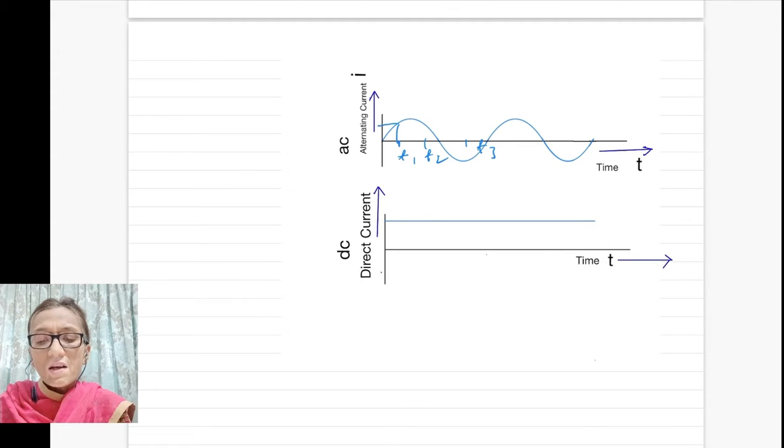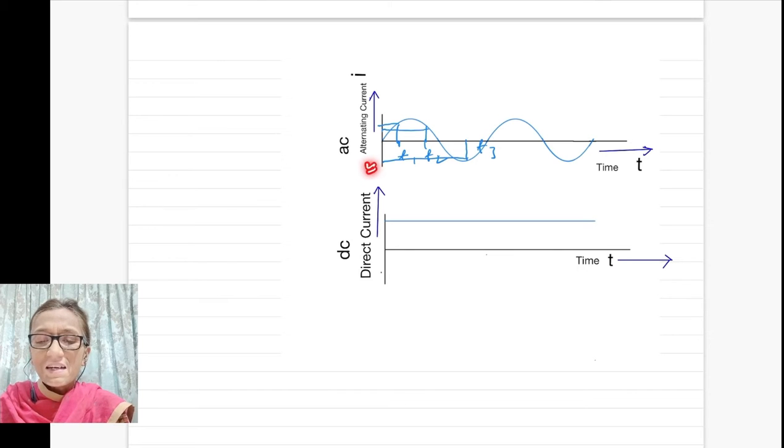At T1, the value of AC has one value. At T2, it has some different value. At yet another time, T3, its value is different and its direction is also changed.